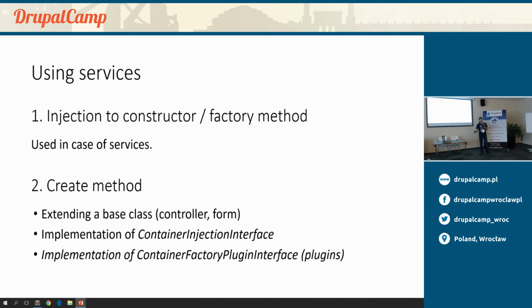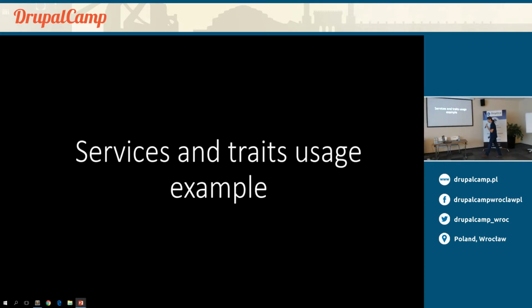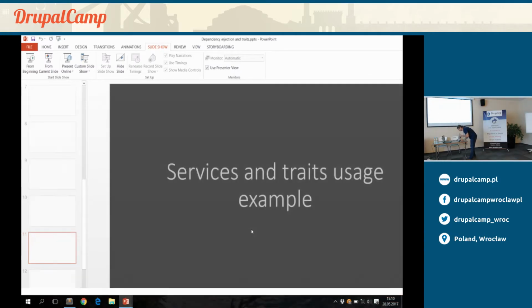Then Drupal will actually check if our class implements this interface, and if it does, we'll have the create method of our newly created class executed, and in the create method we can access the container and pull the services. How is it done? Let's see.